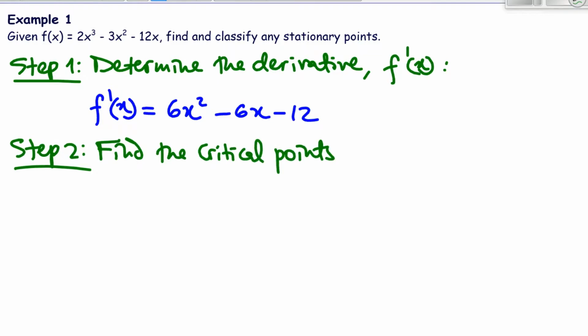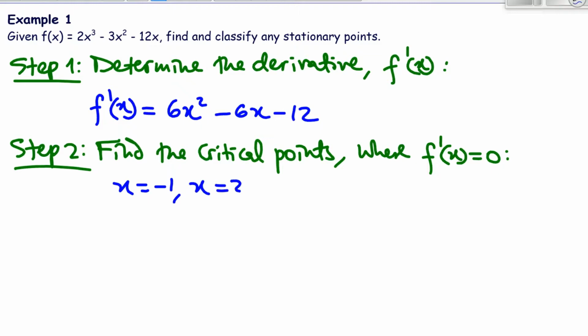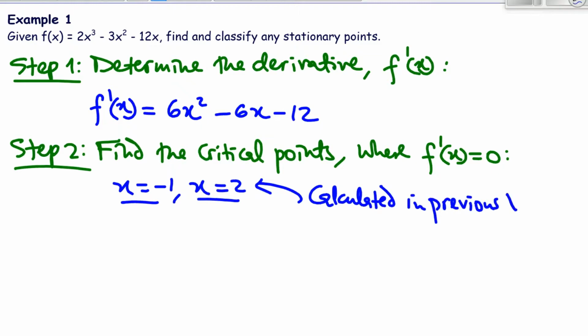And these are the points where f dash x is equal to 0. And we had calculated this previously again in the previous videos. This was x is equal to -1 and x is equal to 2. These were calculated in a previous video.